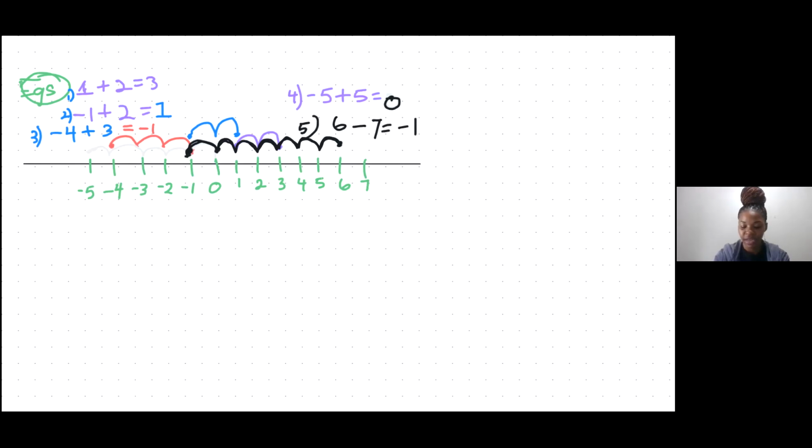So let's try about 3 more examples. Zero, 1, 2.